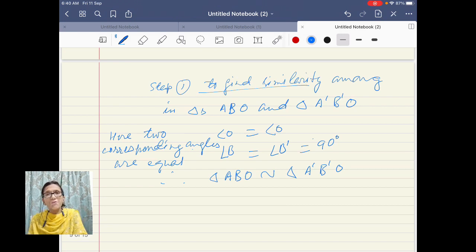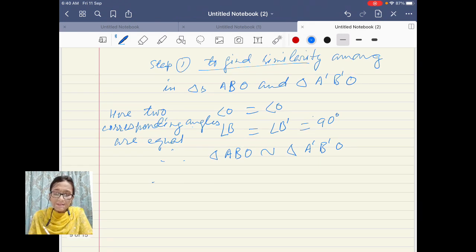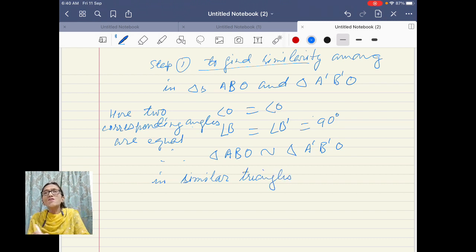You have similar triangles. And in similar triangles, the ratio of corresponding sides is the same.